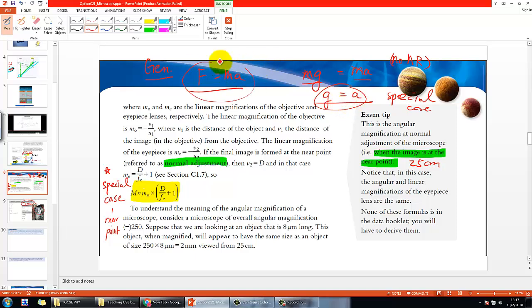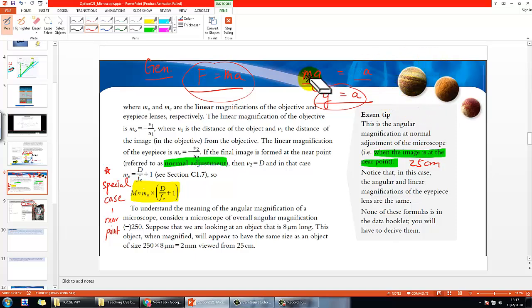But for F equals ma, nearly, except of course we know relativity, that would basically break the equation. But for most of the content in IB, g equals a is actually a special case. You can actually never take it for granted.